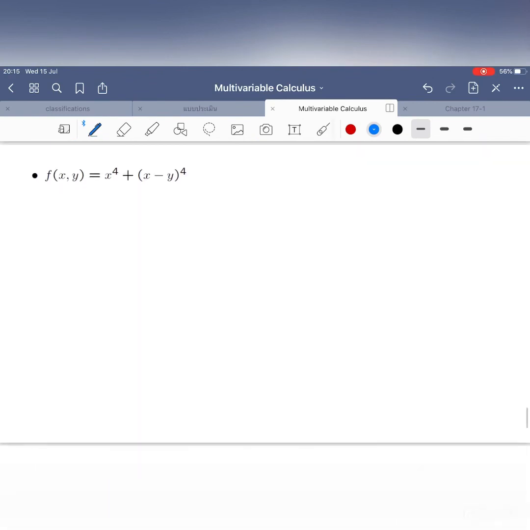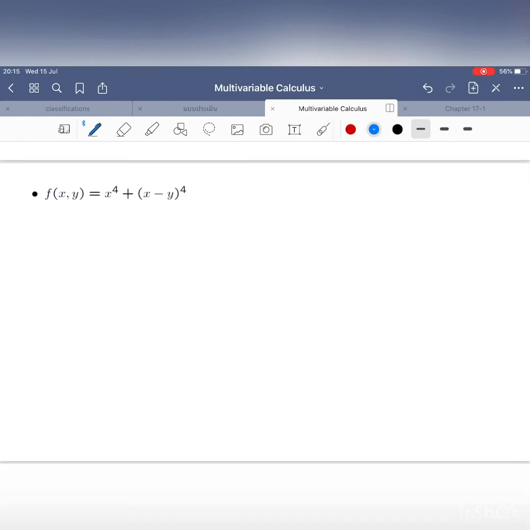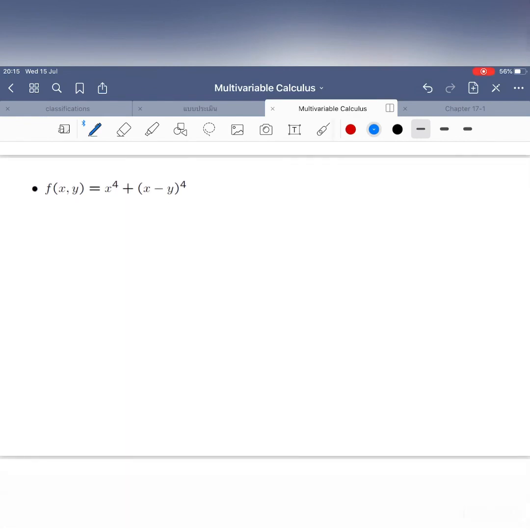How about this one? Let's give this one as a last example. So this is your f sub x, which is 4 times (x minus y) cubed, right? And a derivative, actually you have a derivative of the inside with respect to x, so you have a 1, make it equal to 0.